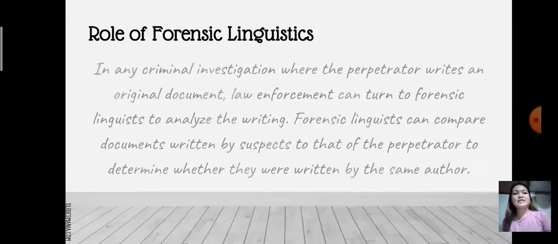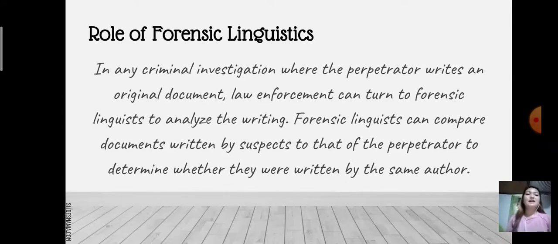The role of forensic linguistics. Forensic linguistics helps in any criminal investigation where the perpetrator writes an original document. Law enforcement can turn to forensic linguists to analyze the writing, whether there is a similarity, or whether the suspect is really the one who wrote the written evidence.